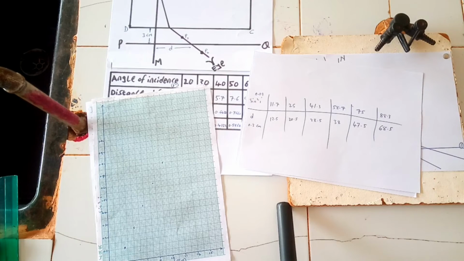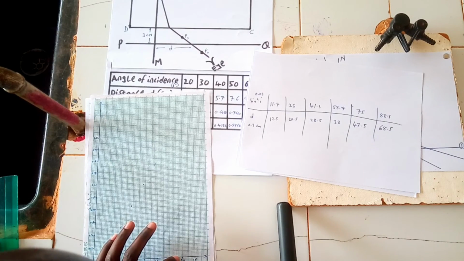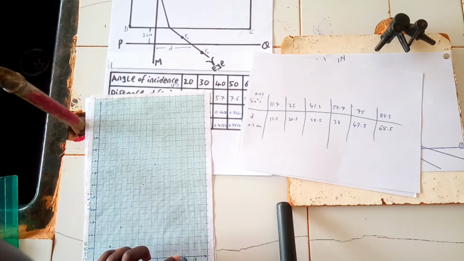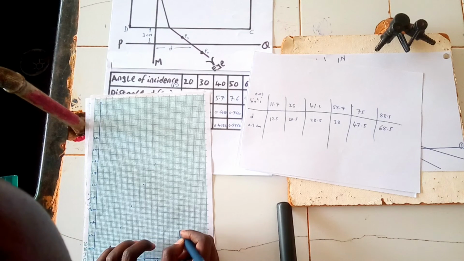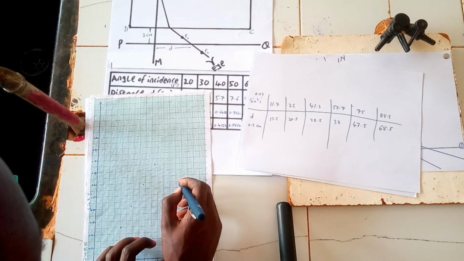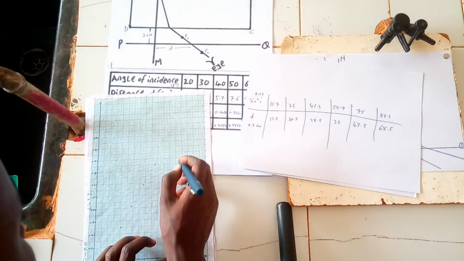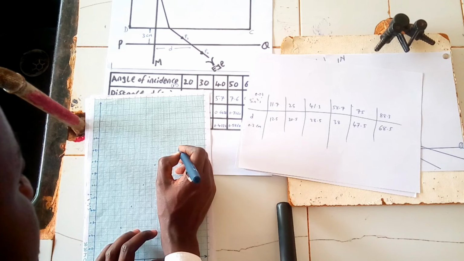The last value we have, 68.5, 10, 20, 30, 40, 50, 60, 68 is here. Then we rise up 88, 10, 20, 30, 40, 50, 60, 70, 80, 88 is here.